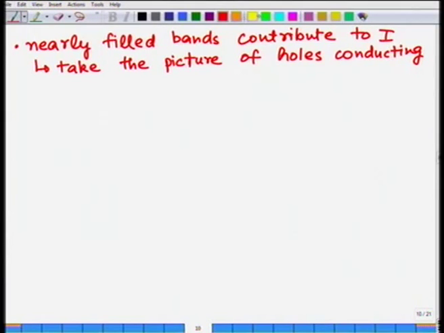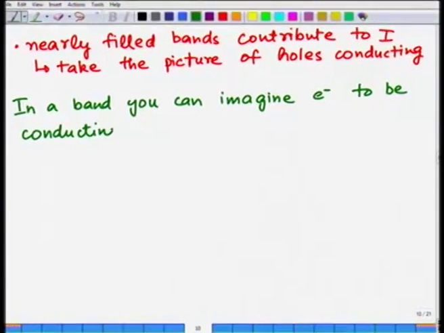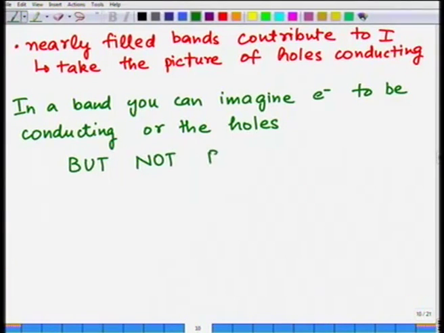So in other words, in a band you can imagine electrons to be conducting or the holes, but not both.